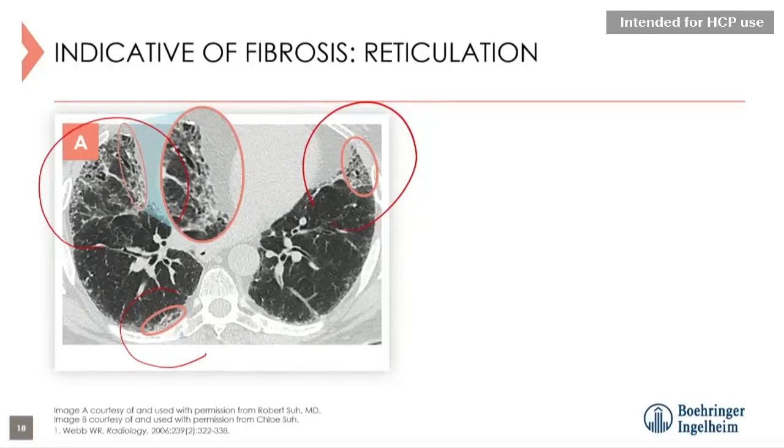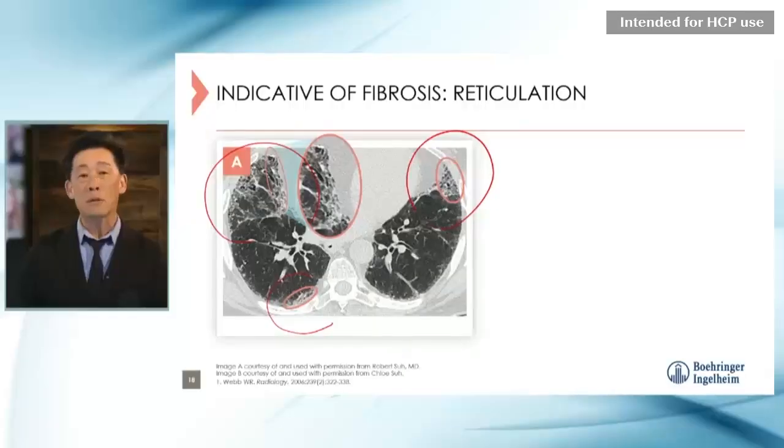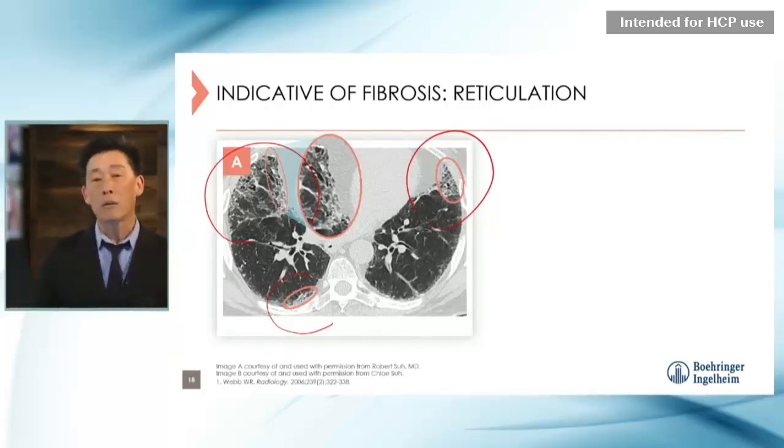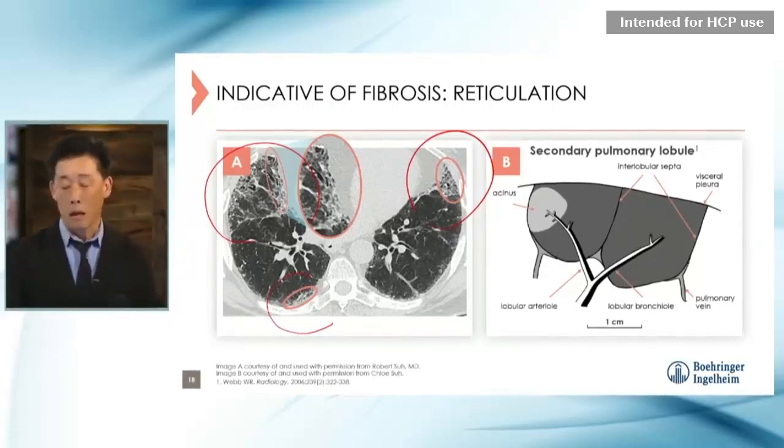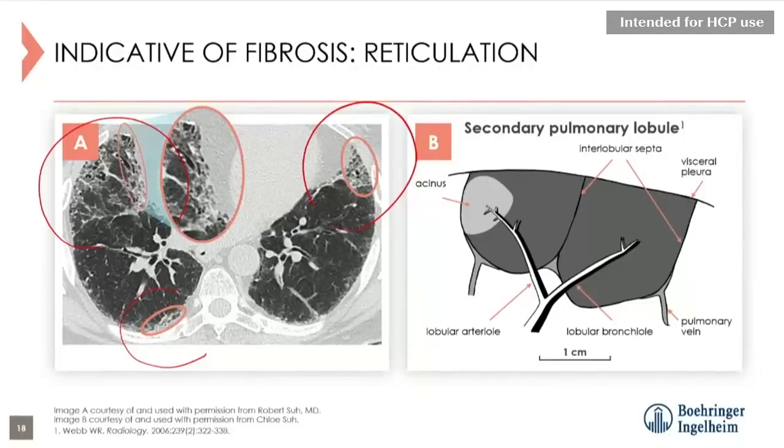Now, to understand the radiographic features that we see on HRCT, it's important to appreciate how they're related to the secondary pulmonary lobule, which is the smallest unit of lung bounded by connective tissue. And on the diagram in B, we see two secondary pulmonary lobules. They consist of acini, and they range in size between 1.5 to 2.5 centimeters.